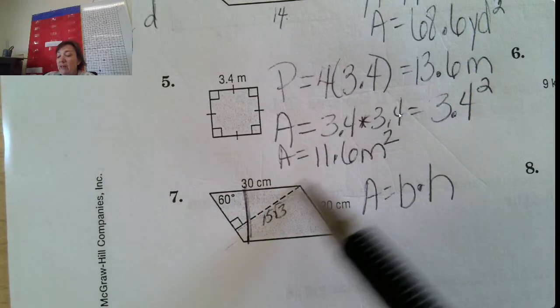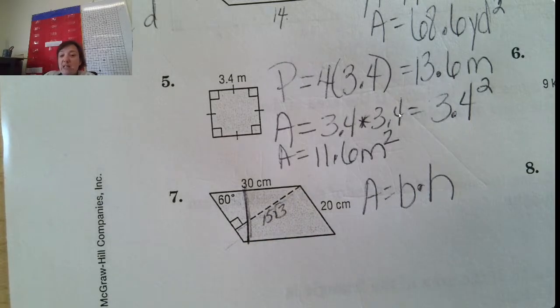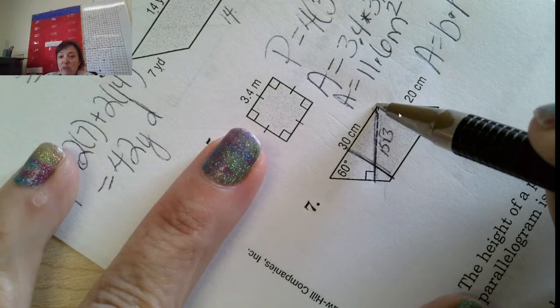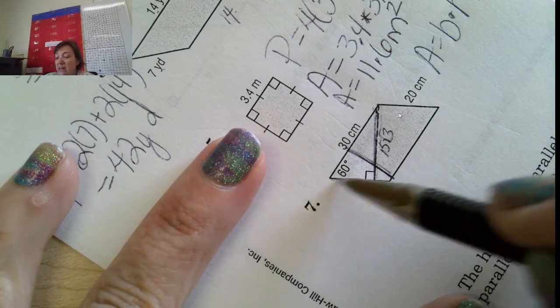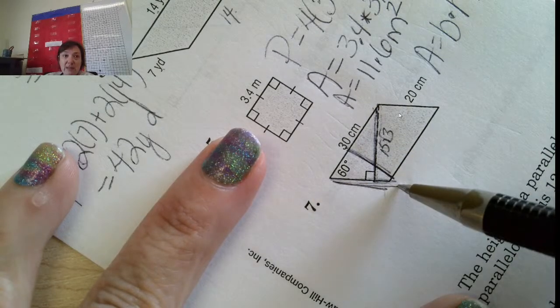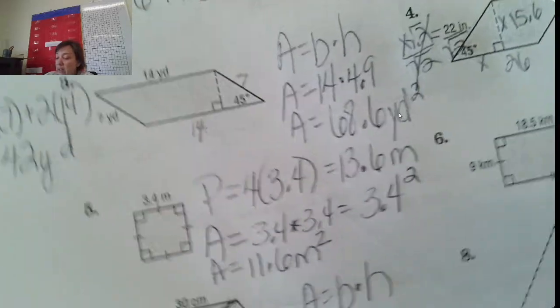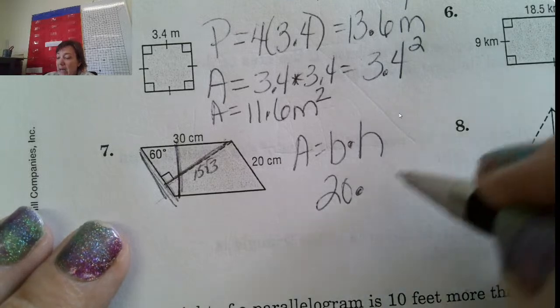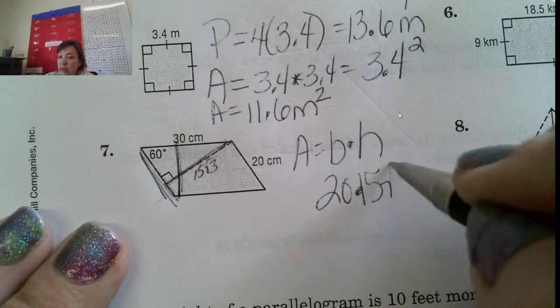We have this height. So that means that if we have to turn it to look at it this way, see, we have this height right here. That means if we're using this height, this is what we're talking about is our base. So it would be 20 times 15 square roots of 3.